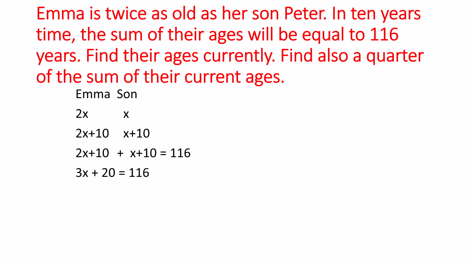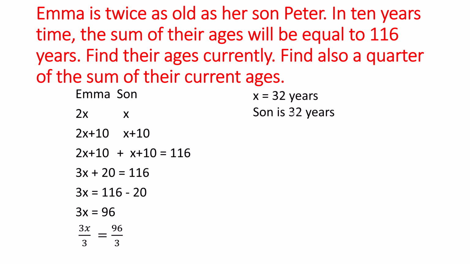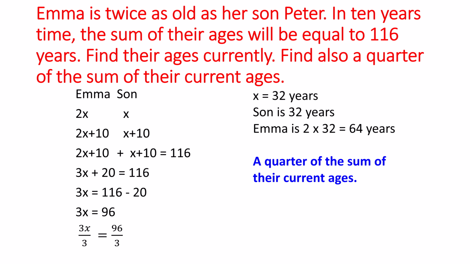So put like terms together, 3x plus 20 is equal to 116, and that means that 3x is equal to 96, because we are subtracting 116 minus 20, and that means that if we divide both sides by 3, x is equal to 32 years. So the age of the son is 32 years, and the age of the mother is 2 times 32, which is 64. We are required to find a quarter of the sum of their current ages, which is a quarter of 96, 32 plus 64, and therefore the quarter is 24 years.